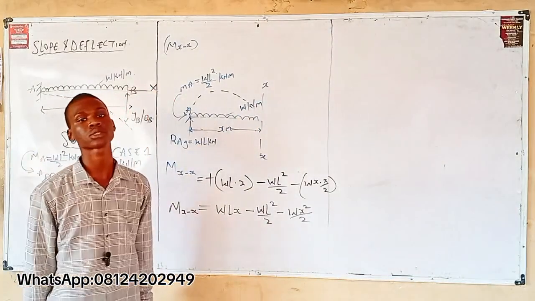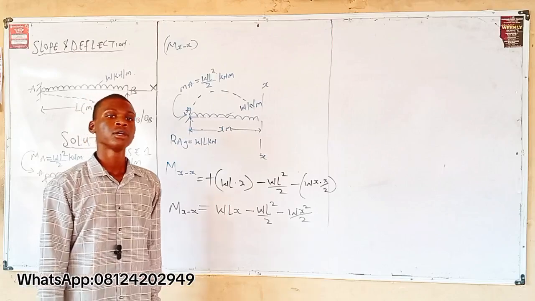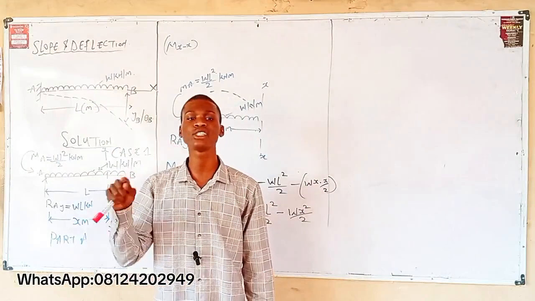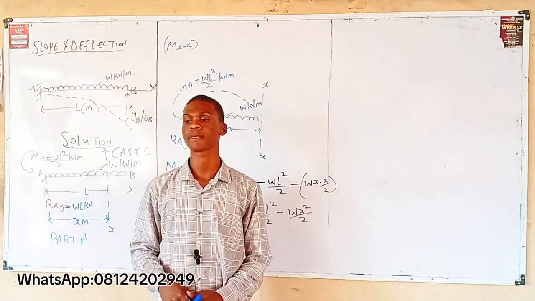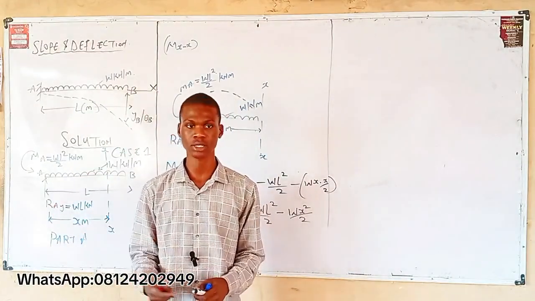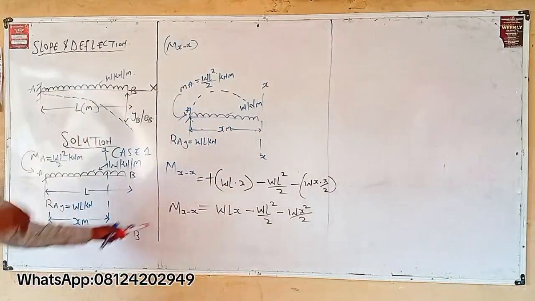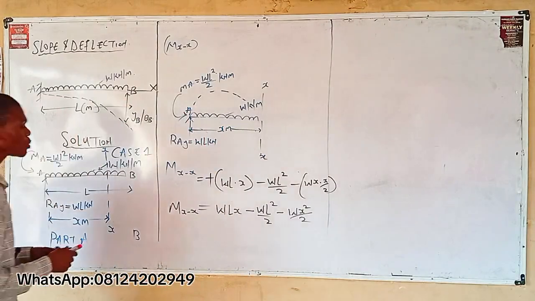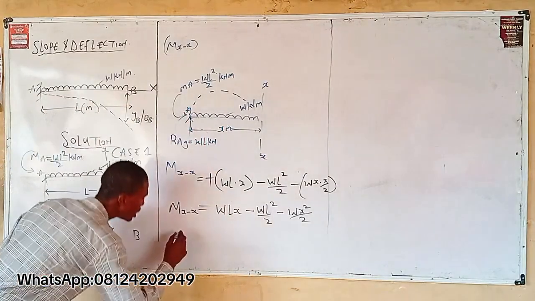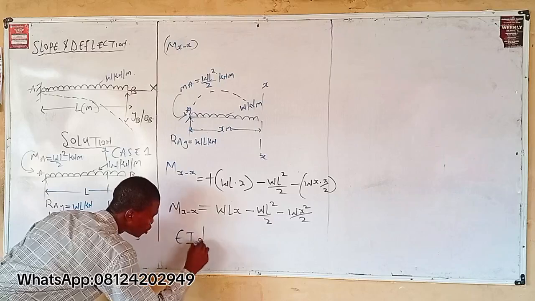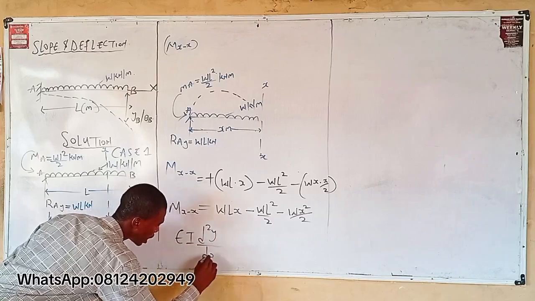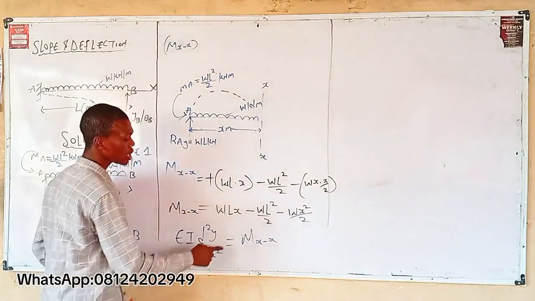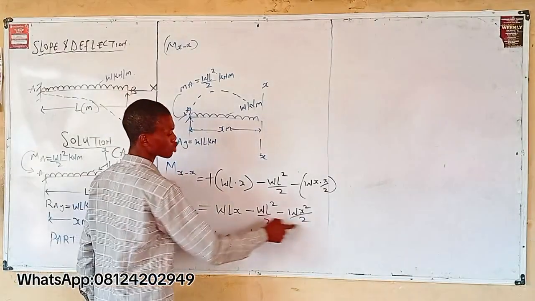Now, the next step is what? Equate MXX to EI d squared y over dx squared. Now, this is where we start to integrate. It equates MXX to EI d squared y over dx squared. So, EI d squared y over dx squared is equal to MXX. Anywhere you see MXX, you are going to substitute.